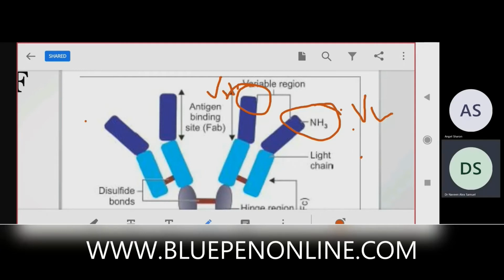So you got it about the variable region of the light chain and the variable region of the heavy chain. And this amino terminal end is where the antigen binding site is. This antigen binding site is called FAB, because the antibody binds to this amino terminal end. So it's called FAB.